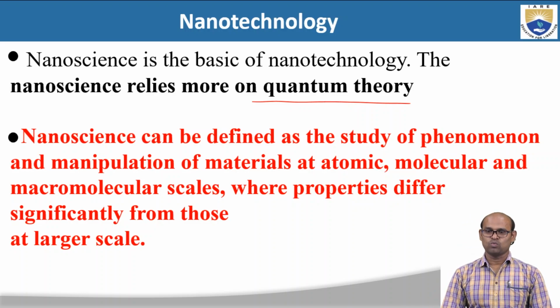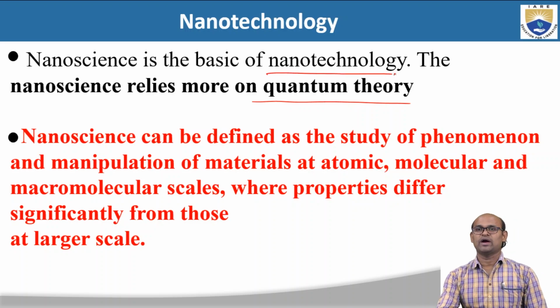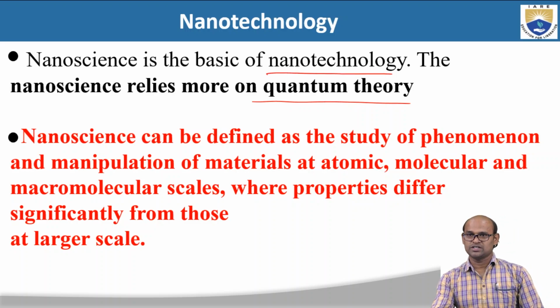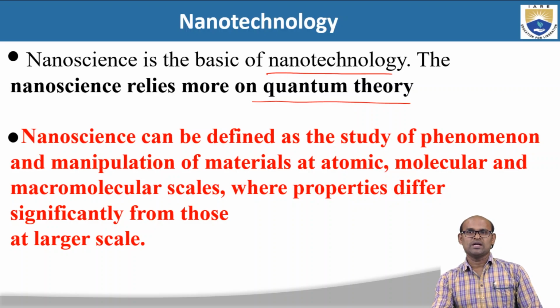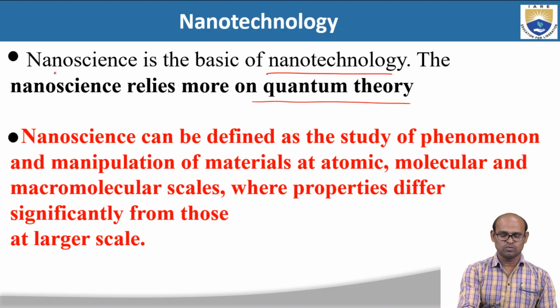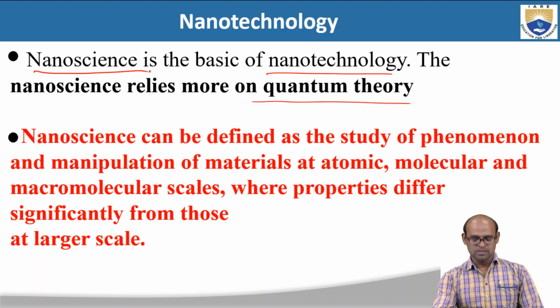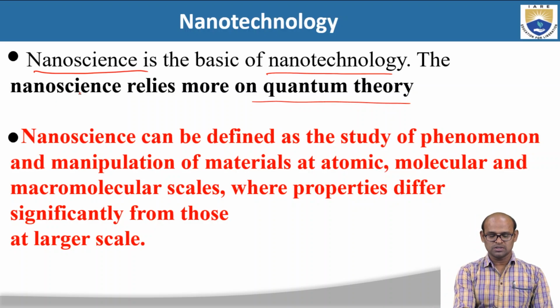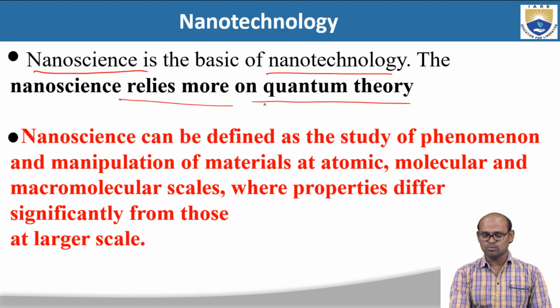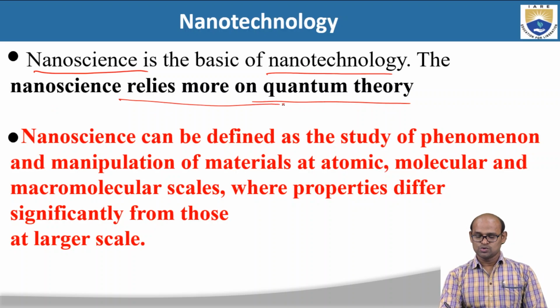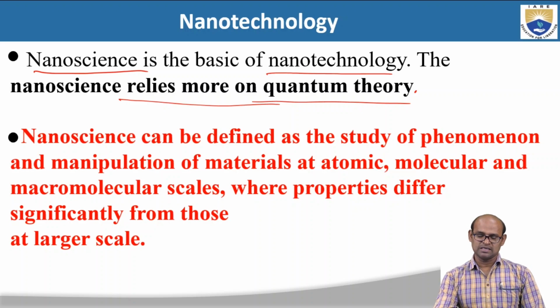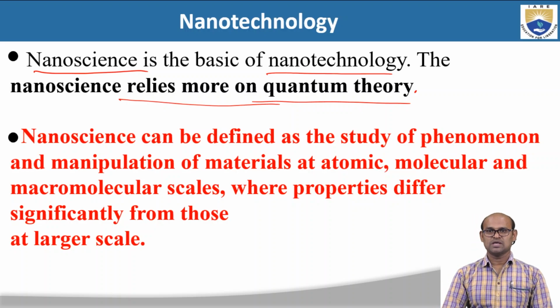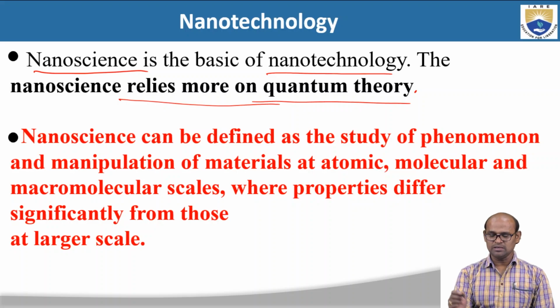So how are we able to find out the structure of a material using a transmission electron microscope? To understand this nanotechnology, we use nanoscience. Nanoscience is the basis of nanotechnology, and it relies mostly on quantum theory.